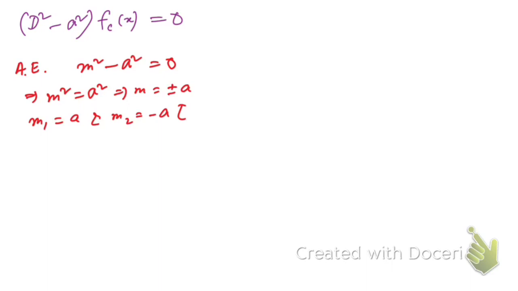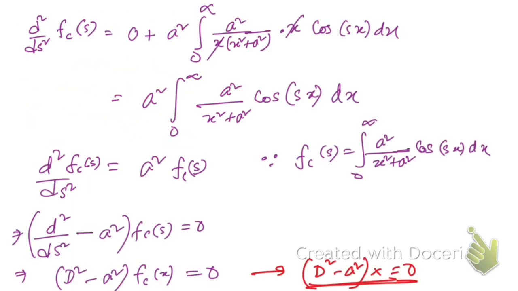As we are getting real and distinct roots, therefore CF is C1 e to the power m1 into s. Here, just wait, this one is f of s, sorry, this should be f of s.